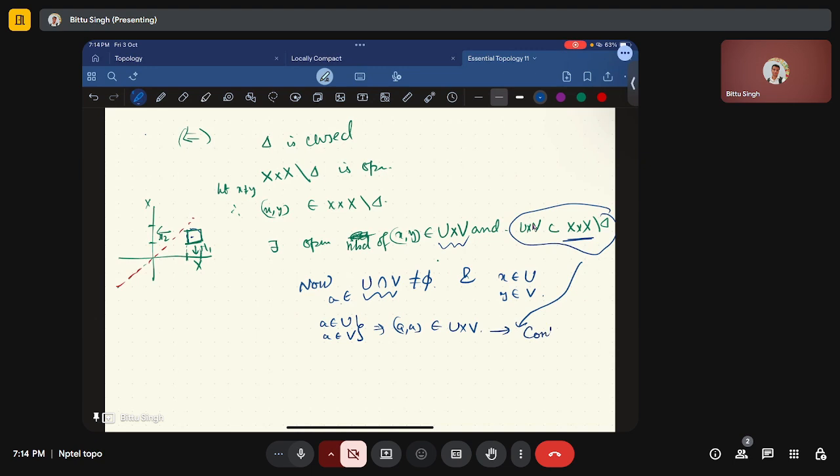Contradiction, right? Therefore, we have successfully found a neighborhood U cross V of (x, y) such that their intersection is empty.